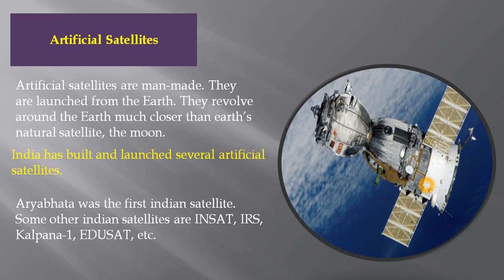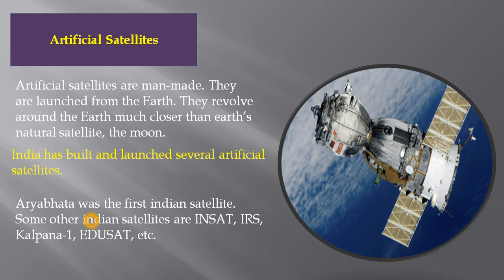Now, India has built and launched many artificial satellites. The first artificial satellite launched by India was Aryabhata, and it was launched in 1975. Some other Indian satellites are Bhaskara, INSAT, IRS, Rohini, Kalpana, and EduSat.